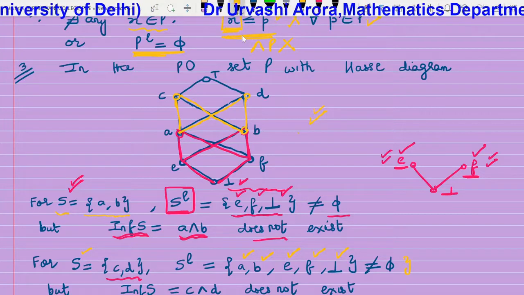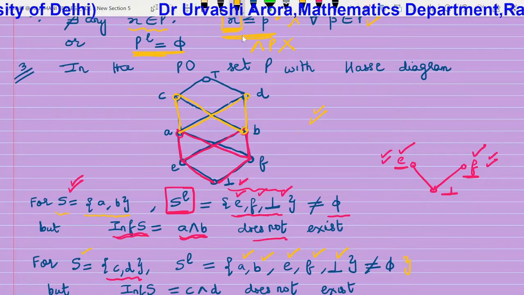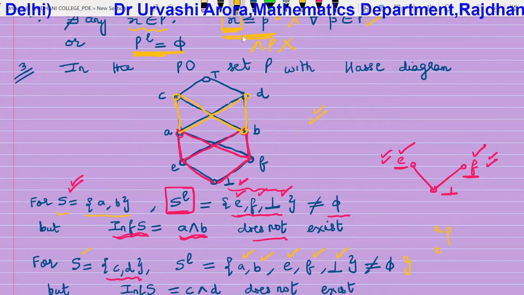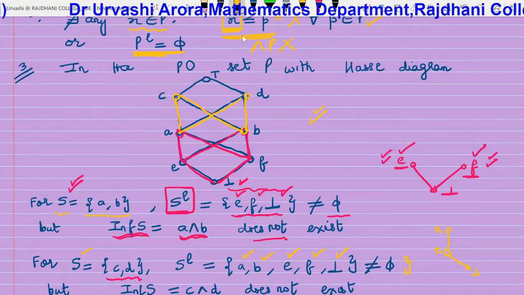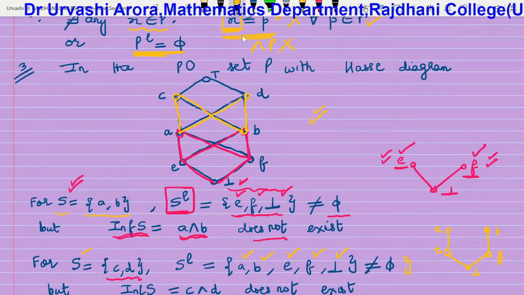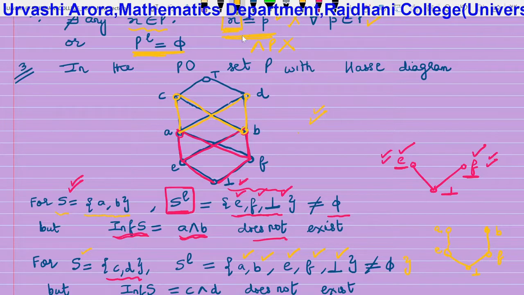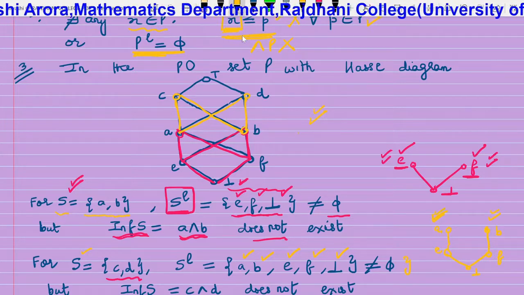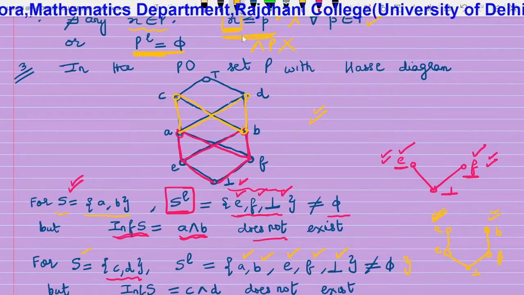So the set of lower bounds is non-empty, but again C meet D, or the infimum of S, or the greatest lower bound of C and D, doesn't exist, because out of all these lower bounds, that is A, E, then the bottommost element which is inverted T, then F, and then B, none of them is the greatest. In fact, these two possible lower bounds could have acted as greatest lower bound, provided one would have been greater than the other.